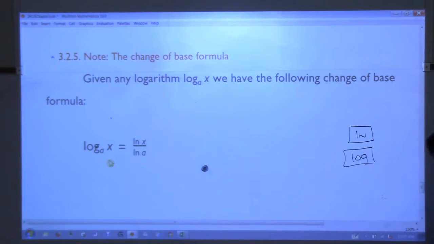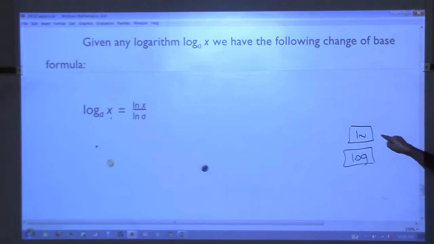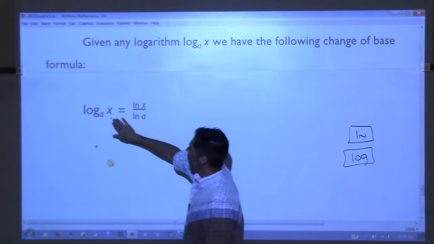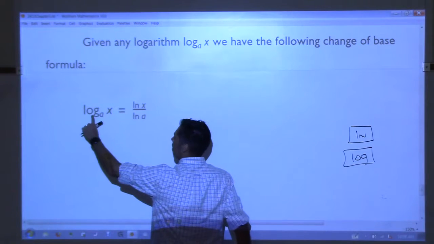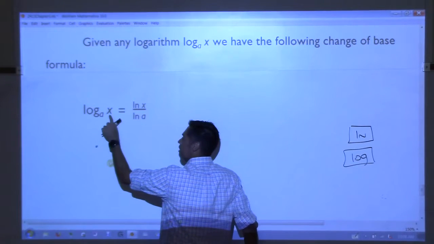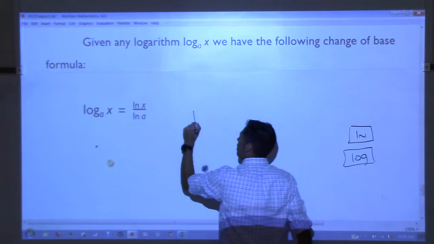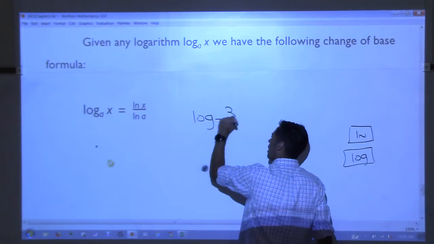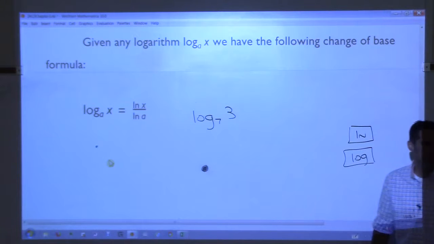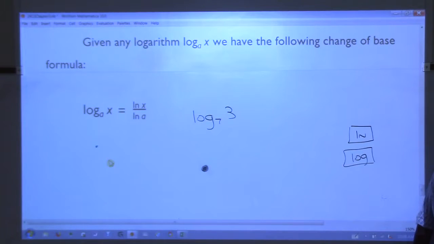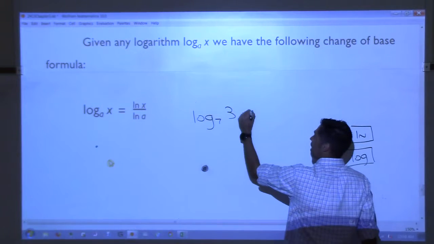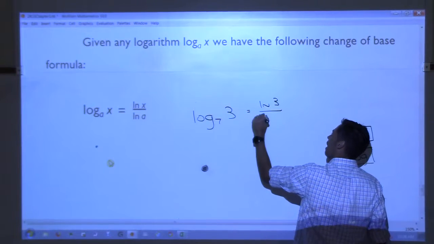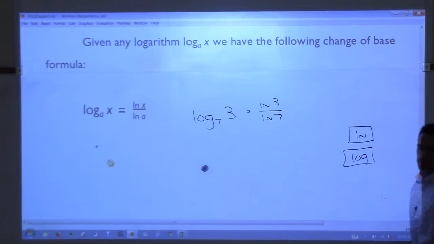But it doesn't matter. All you ever need on your calculator is 1 key, just the natural log key, and it's because of this formula right here. It says if you have any log of any base of any value that you want to evaluate, say log base 7 of 3, then all I'd have to do is on my calculator type in natural log of 3 over natural log of 7, and that would be the answer.